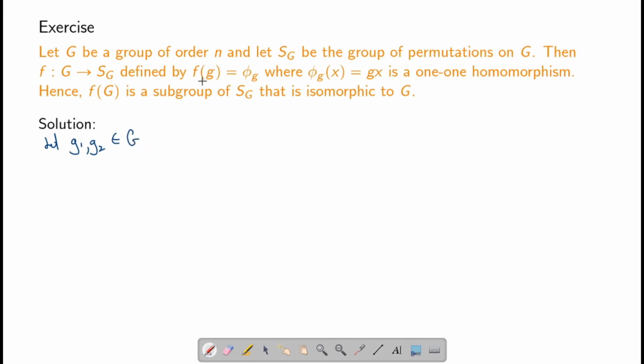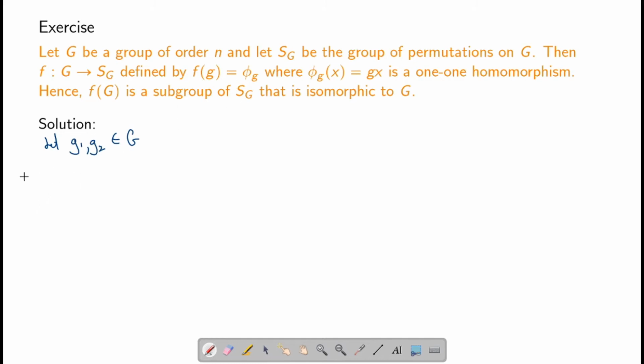So I need to prove that f of g1 times g2 is equal to f of g1 composition f of g2, because the operation in S_G is composition.